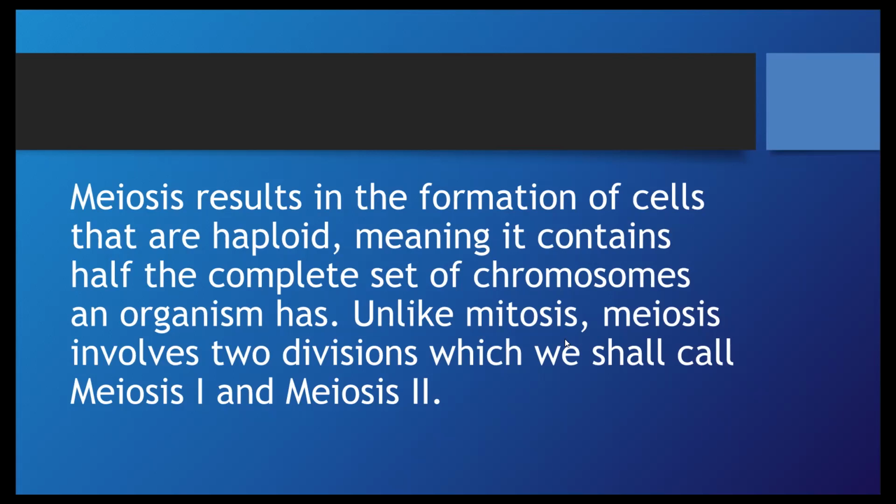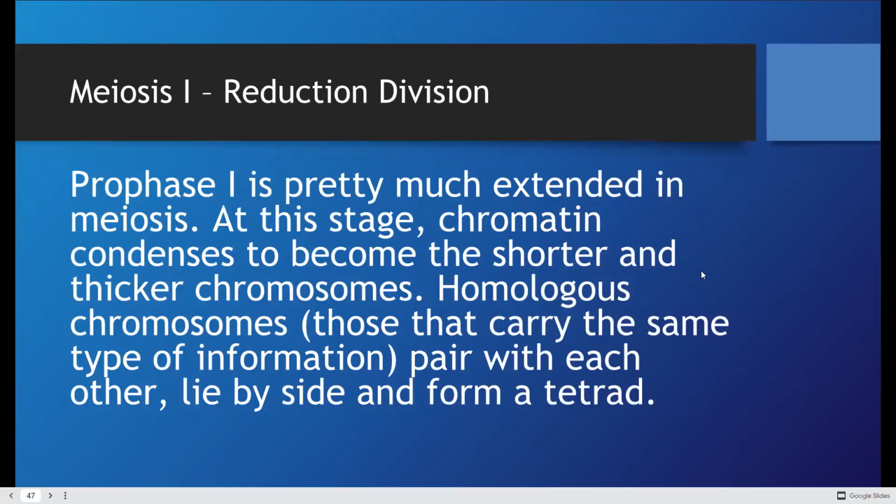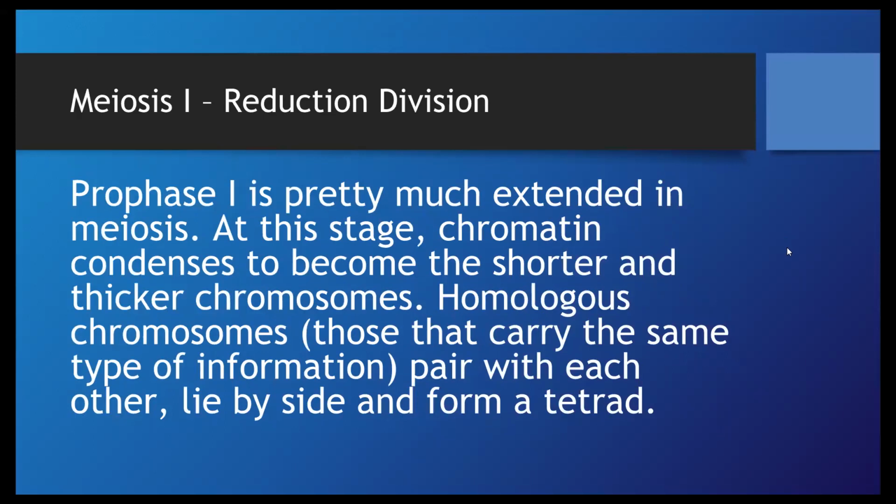Let's tackle meiosis 1. Meiosis 1 is termed the reduction division because we are reducing the chromosome number. Prophase 1 is pretty much extended in meiosis. We start with prophase 1. At this stage, chromatin condenses to become shorter and thicker chromosomes.